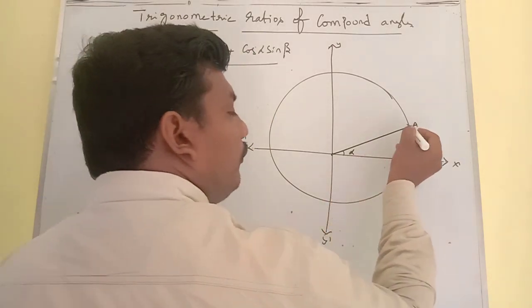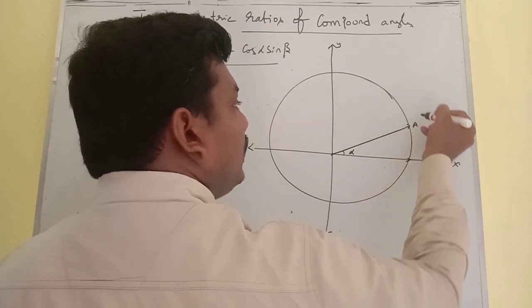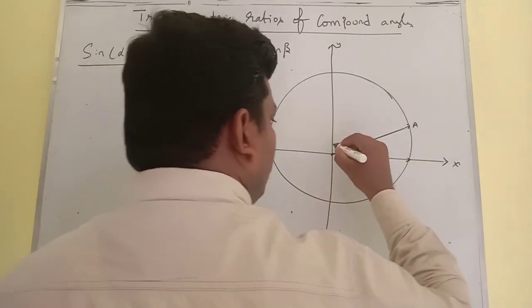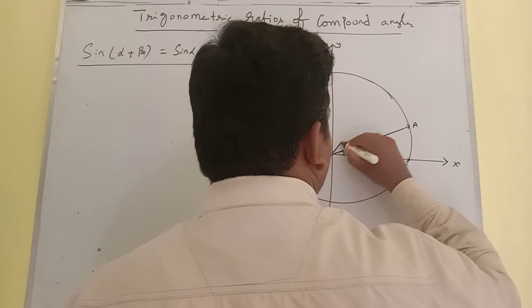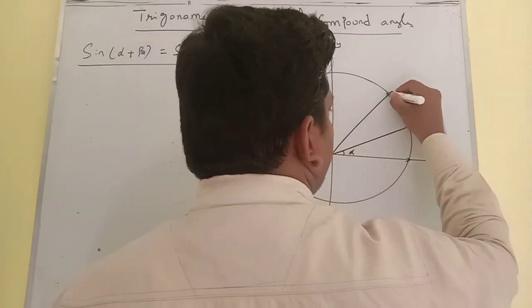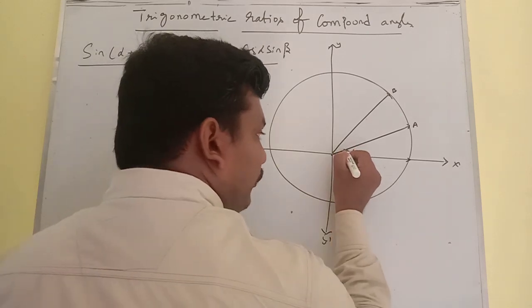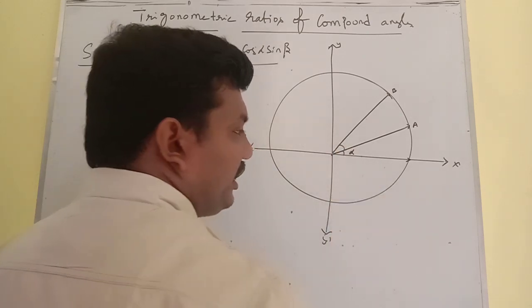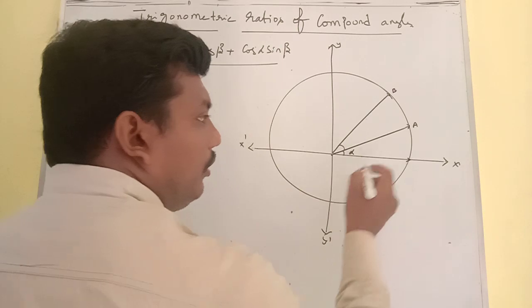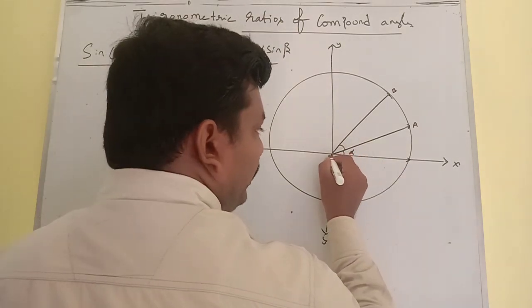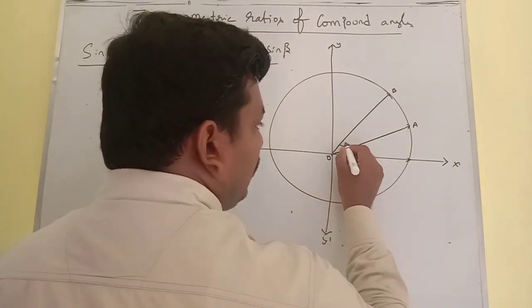Then the ray further rotates in the anti-clockwise direction and reaches here. This is point B. This further amount of rotation of the ray about the fixed point O is called beta.